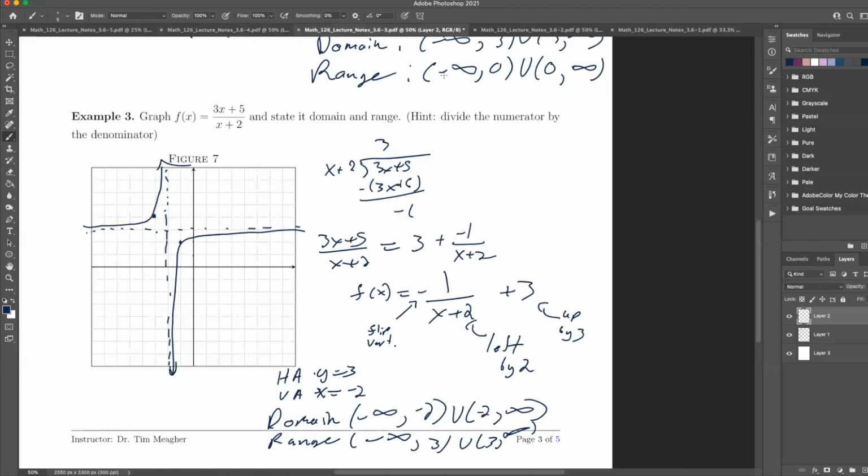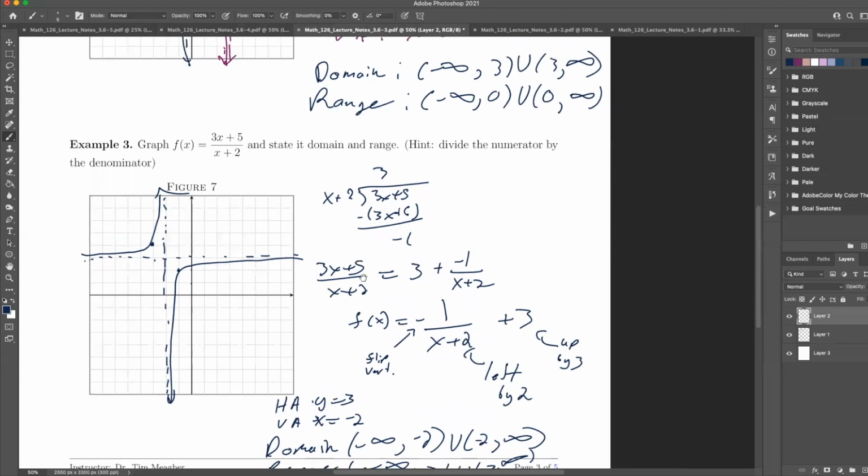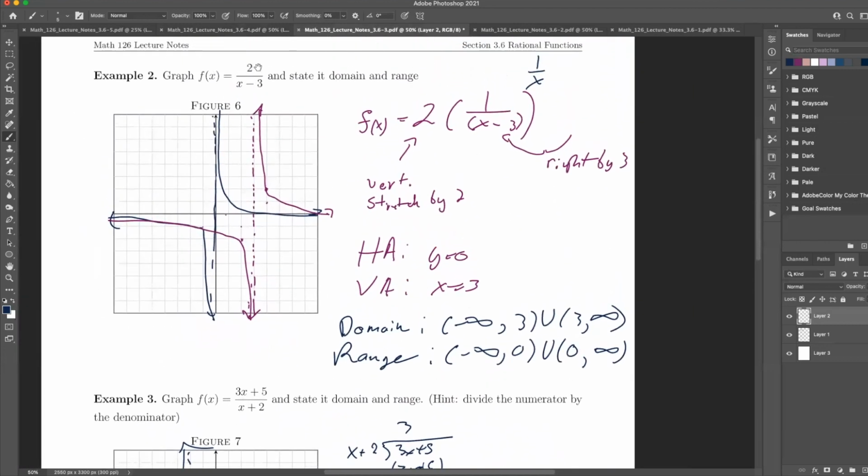And notice, that's what we had here. These are the same degree, 1 and 1, they're both degree 1. And so we just take the coefficients. 3 over 1 was my new horizontal asymptote here. This is degree 0, and this is degree 1, and so that left it at 0.